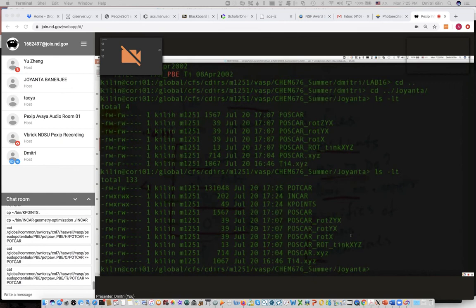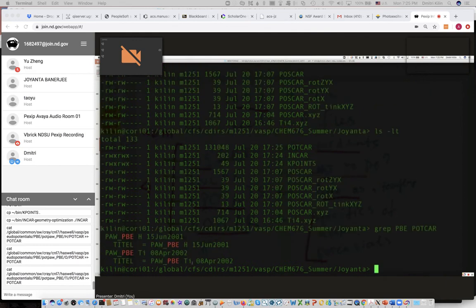Grep PBE POSCAR. It looks like you already did it for hydrogen and titanium, but you didn't do it for oxygen. Please write it. Grep PBE POSCAR. It is just checking.